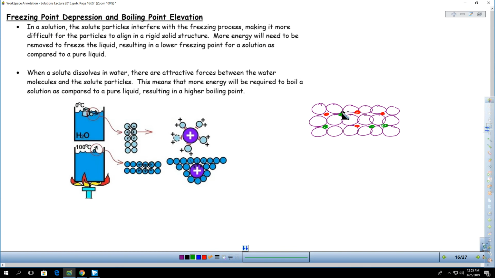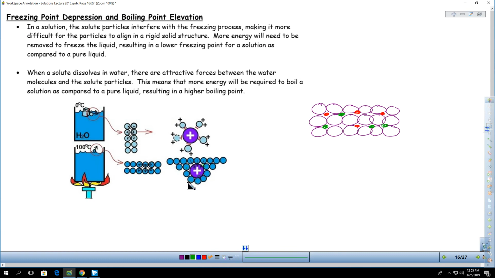Boiling points are elevated. Boiling point elevation means that the boiling point of a solution is higher than the pure solvent. And again, it comes from this attraction of particles that are in with the water. So let's say again it's a solution of salt water, sodium chloride mixed in with the water. And maybe this purple ion is my positive sodium ion.